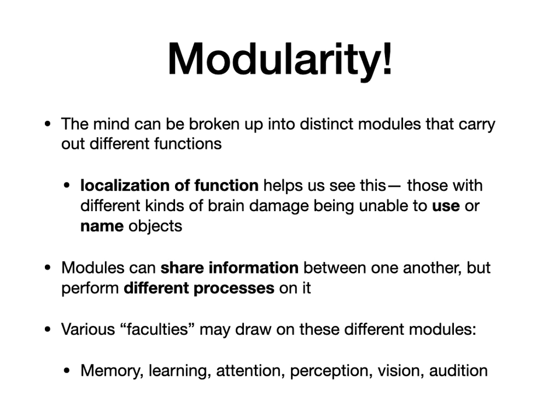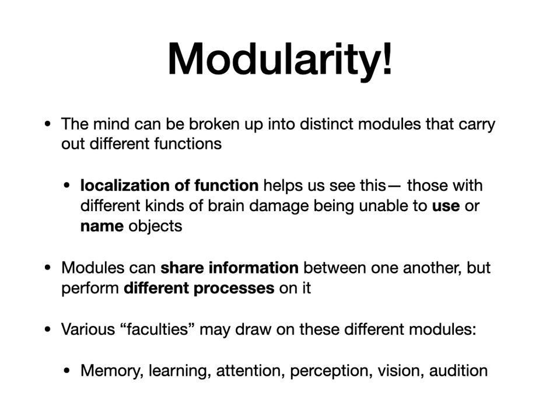That's a pretty good indication that there are specific areas of your brain that do different things. So the idea is that modules in your brain can send information to each other, but they do different things to it, right? And we have various faculties that might draw on different modules for different things like memory, learning, attention, perception, vision, audition.